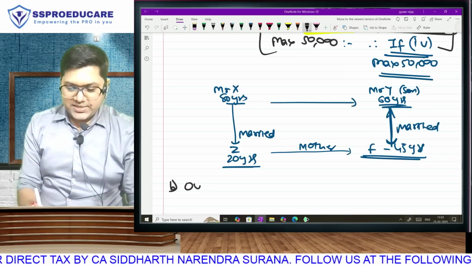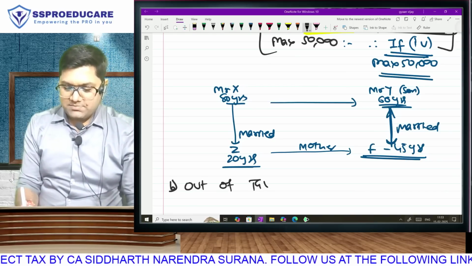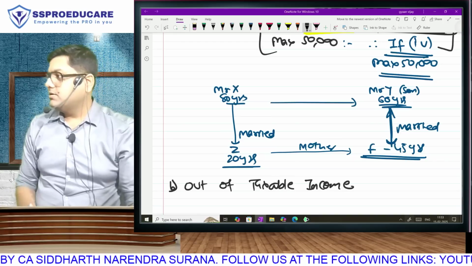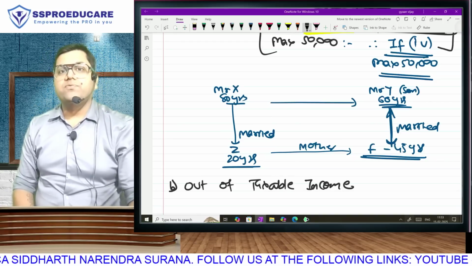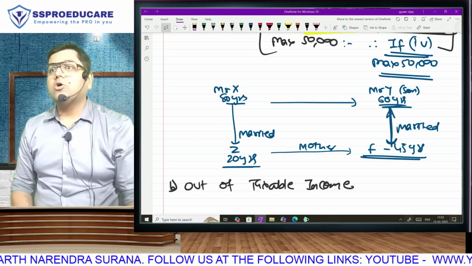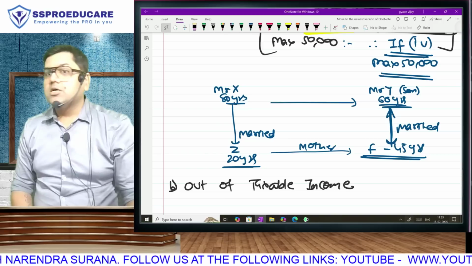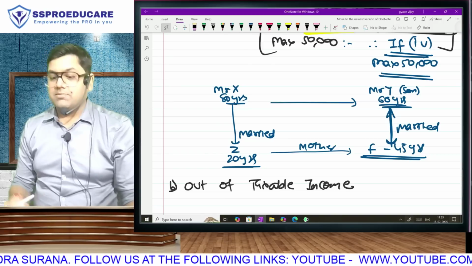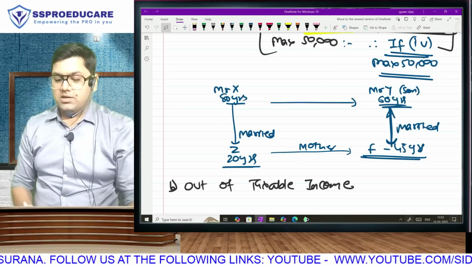Second, this has to be out of your taxable income. In 80C, if you remember, we wrote a line that this contribution can be out of any money. Can I borrow money and make contribution? I still get deduction. But here, this contribution has to be made out of my taxable income. I cannot make this contribution from any random income.